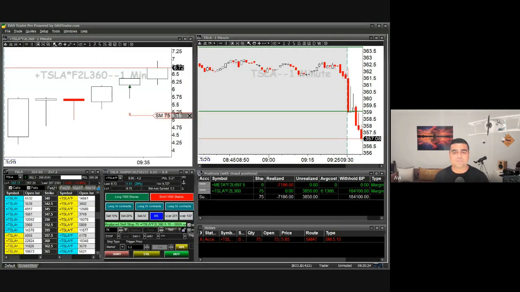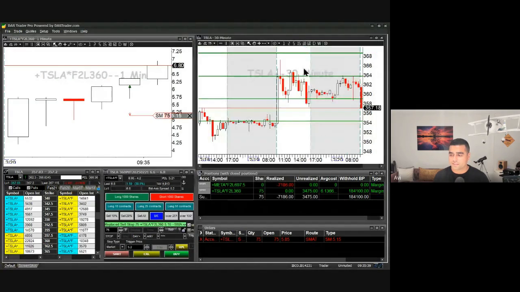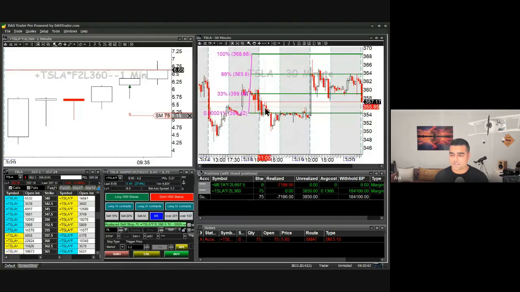AMD did that too. But let's see, did AMD behave? No, it did not. So Tesla is at yesterday's intraday level. You can see where it found support yesterday. It's right there, which was also an intraday level 2 days ago. Interesting zone right here, 356.80 or so.